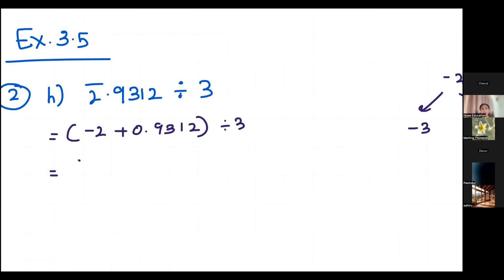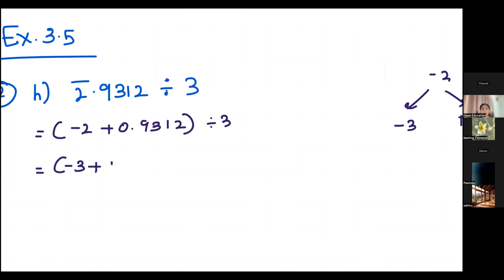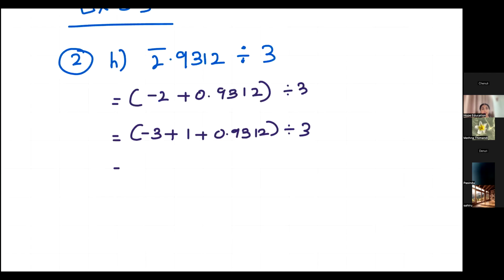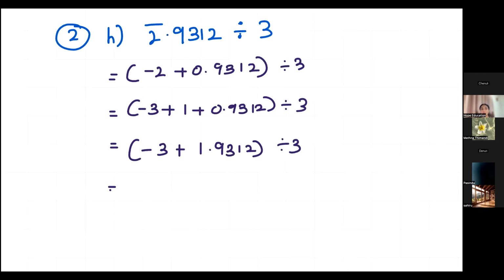So minus 3 plus 1 plus 0.9312, divided by 3. Minus 3 plus 1.9312 divided by 3. Minus 3 when you divide by 3, we get minus 1.